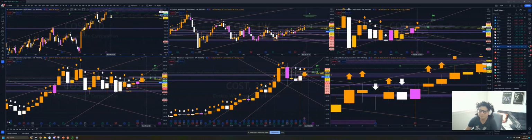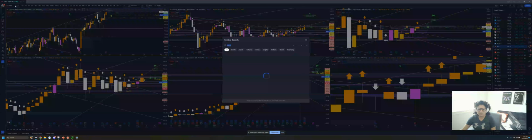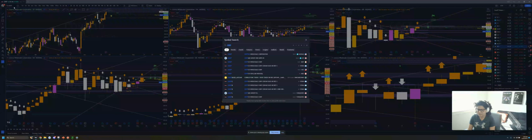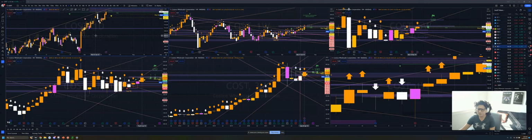So like here, for example, with Costco, it never went back to my entry, or at least it hasn't yet. So it hasn't stopped me out. I'm still in the trade. And then based on the type of tickers that I like to choose, I want a lot of confluences. Let's say something has a really good daily setup, but then the weekly looks trash, or it doesn't have full time frame continuity, then I'll not get in, even though the daily might pop off.